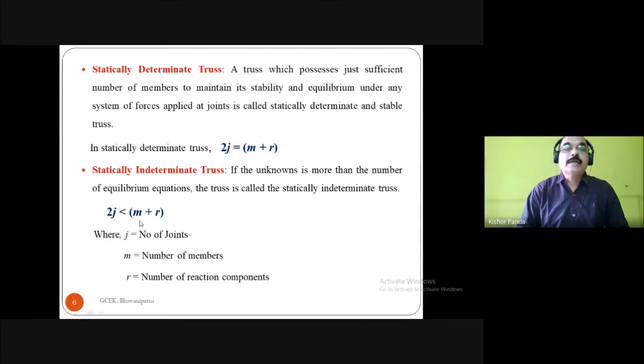You take the difference between the number of unknown member forces and the number of static equilibrium equations. That is, the degree of static indeterminacy is equal to M plus R minus 2J. We have already discussed this in statically determinate and indeterminate structures.